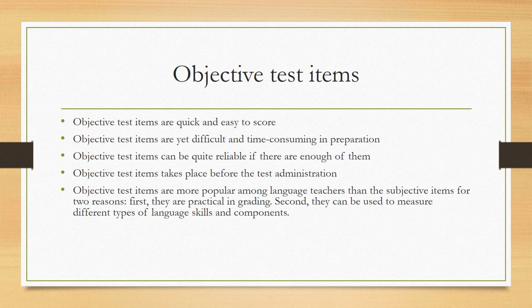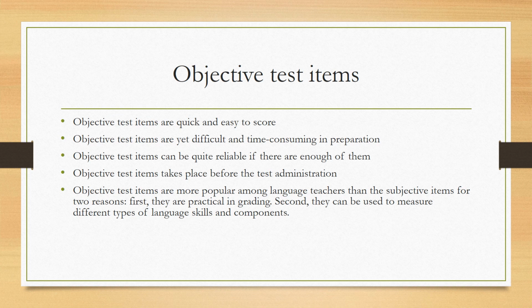So most of the work is done before making or administering the test for the students. Objective test items are also more popular among language teachers and students than the subjective items for two reasons. What are they? First, they are practical in grading.